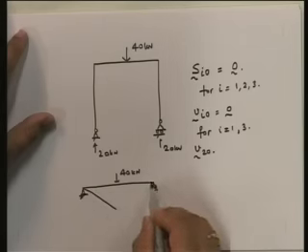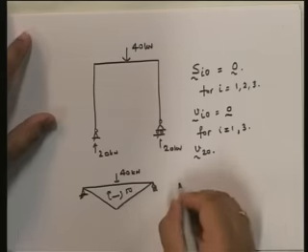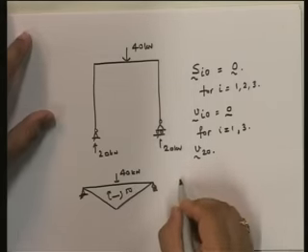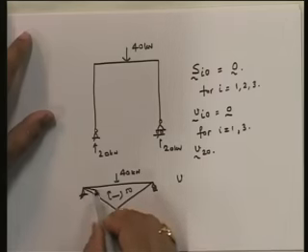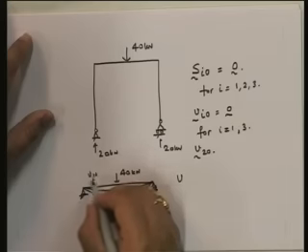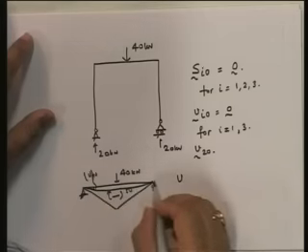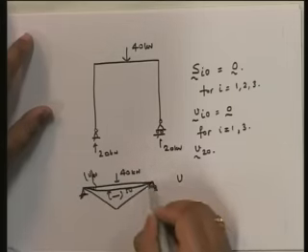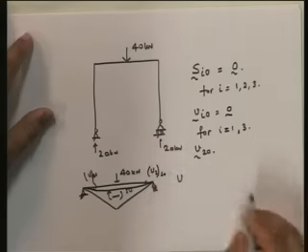Here you have 50 and we have this displacement, this is going to be my V1 of 20, and this is going to be V2 of 20.